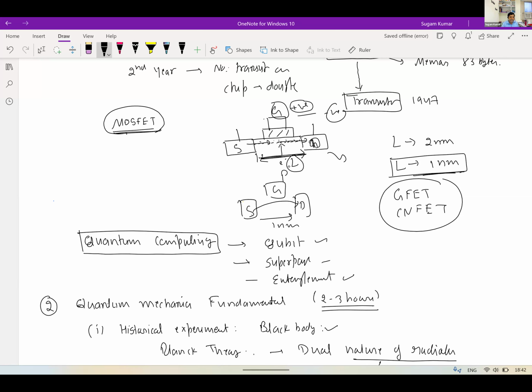If you can increase the dielectric constant in between, for example here, this is the dielectric material. At the moment, people generally use silicon dioxide.